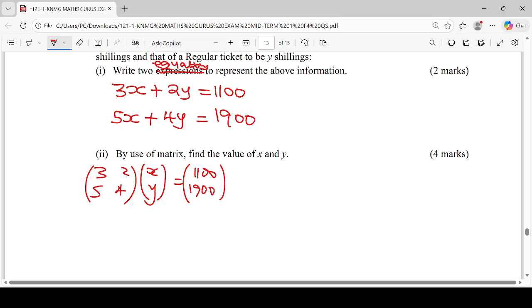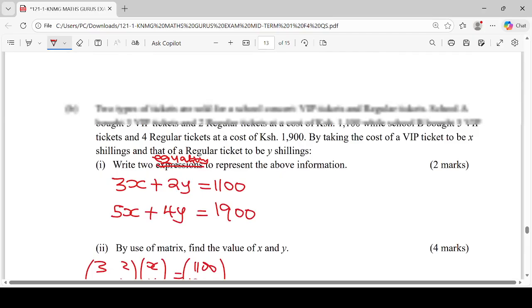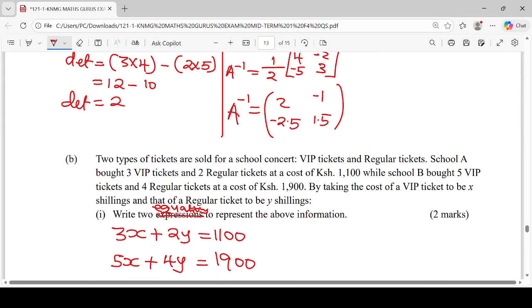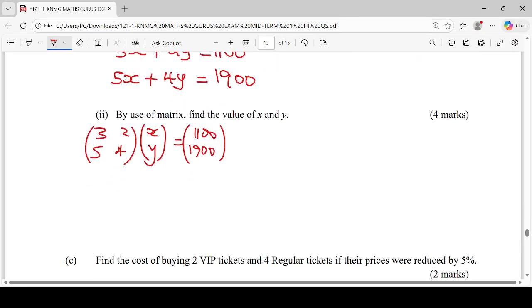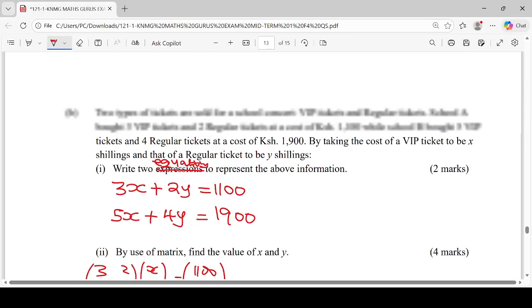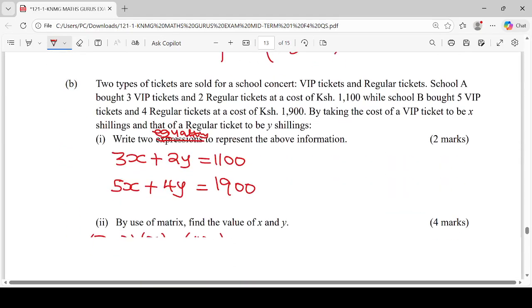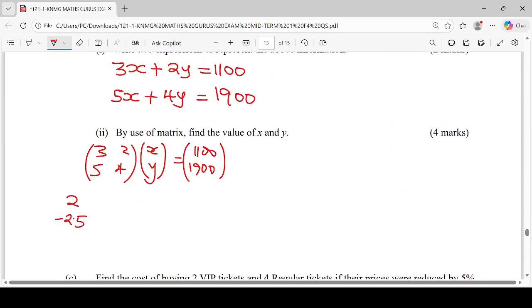So we are going to pre-multiply the inverse of the matrix to both sides. Remember, I've already found my inverse matrix is 2, negative 2.5. So I have here 2, negative 2.5. Then negative 1, 1.5.